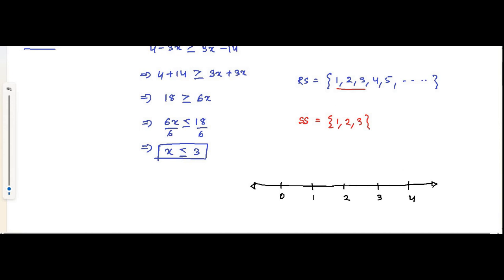So the solutions 1, 2, 3. So darken, solid filled in circles at 1, 2, 3 to highlight the points. So this is the solution on the number line. Okay, so this is the thing.